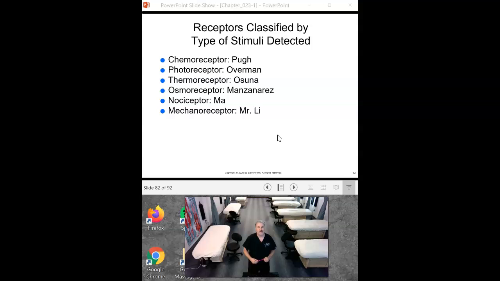And so I'm going to give some examples for nociceptors. External nociceptors are found in tissues such as the skin. It's called cutaneous nociceptors. Cutaneous, yes. The corneas and the mucosa.